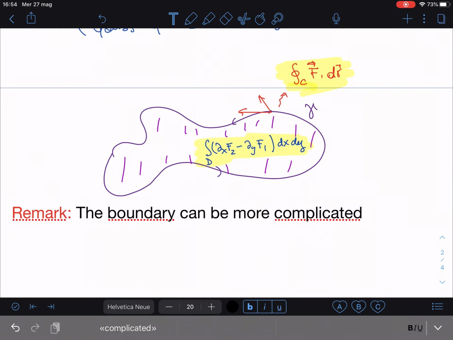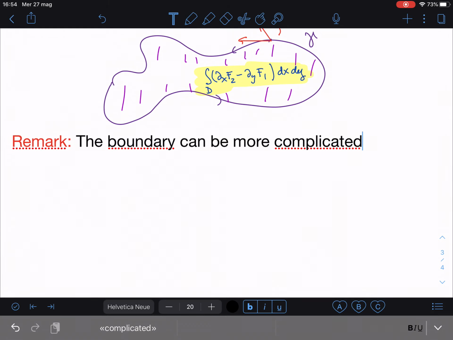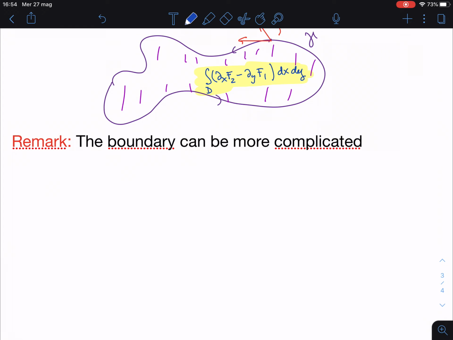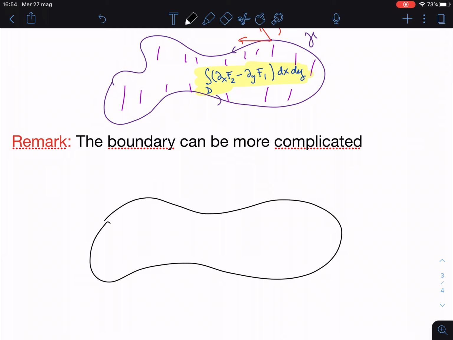For instance, in the case of holes, you already know that holes are quite important in this part of the theory, and so here you have a hole here.